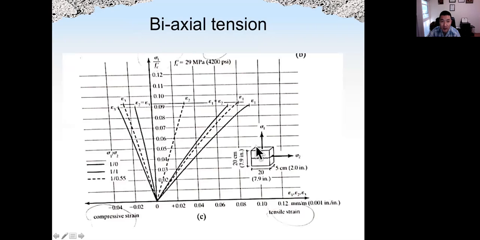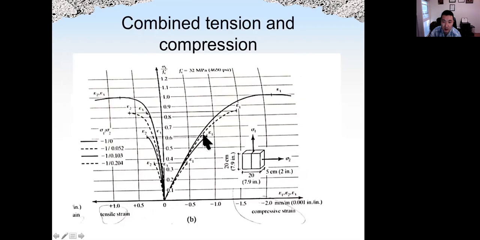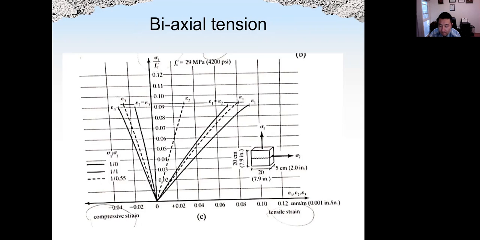And here shows the case of biaxial tension. So sigma 1 and sigma 2 are both under tension. Okay. So because concrete is very weak under tension, the behavior will be different from the previous 2 cases. Okay. All right. Again, we have 3 different sigma 1 to sigma 2 ratios.